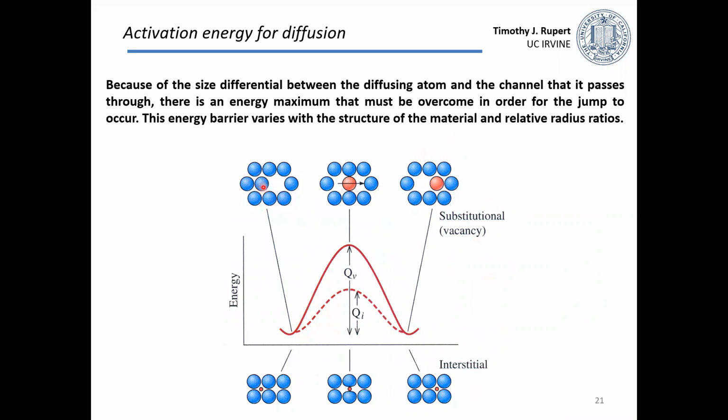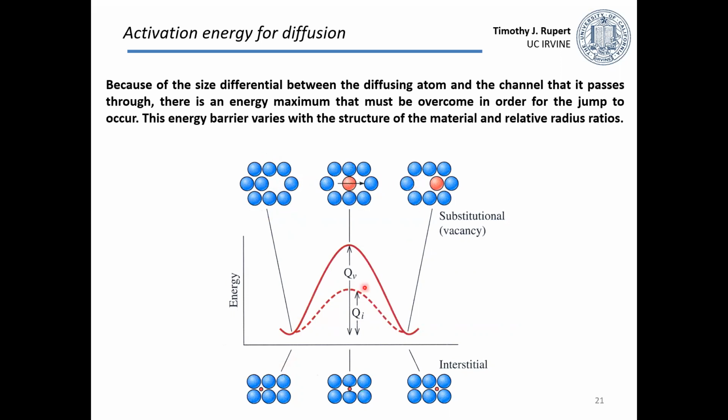In either case, if this blue atom right here is going to jump across and fill in that vacancy, or this interstitial is going to jump through this relatively open space and find another interstitial site, what would have to happen with these atoms? Well, in one case, this atom is going to have to cross through and be very close to the atoms above and below it.